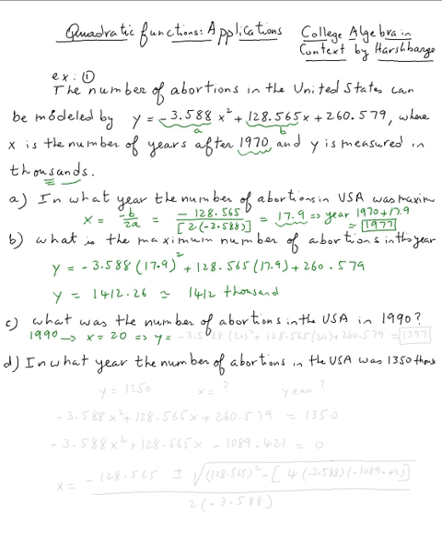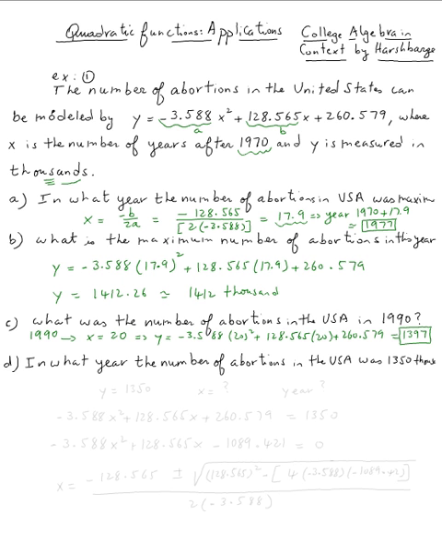Therefore y equals negative 3.588 times 20 squared, plus 128.565 times 20, plus 260.579. Use your calculator, which is equal to 1397.67. So it's 1397 thousand abortions.